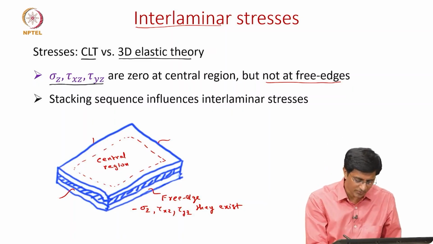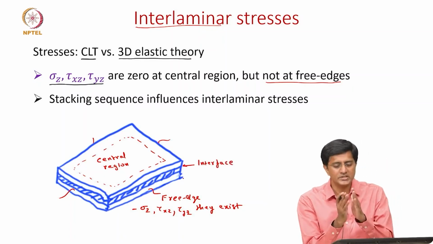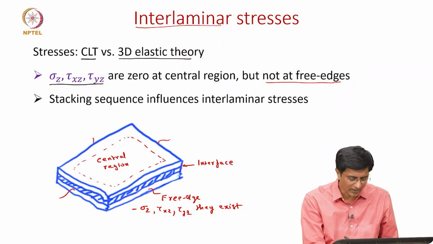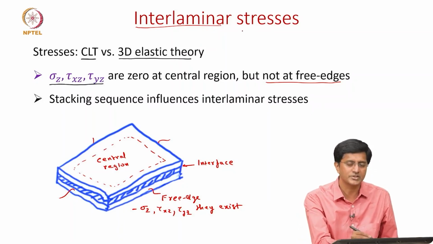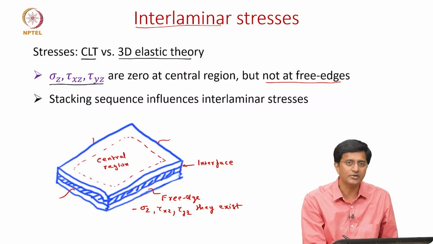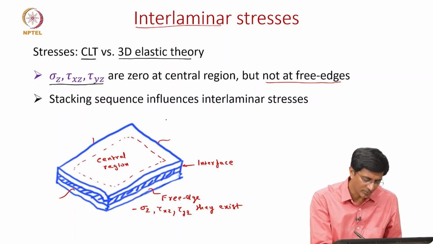What do we mean by interface? This is the interface. The interface is the region between two layers. We see that there are interlaminar stresses, but once these values are beyond a threshold, it can fail, and then it will be called free edge delamination.